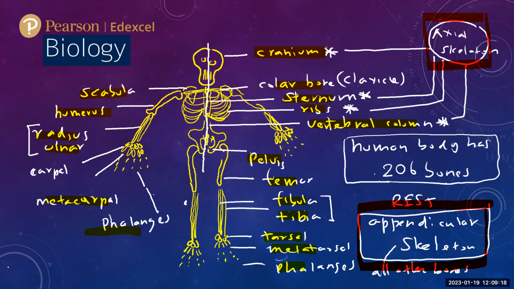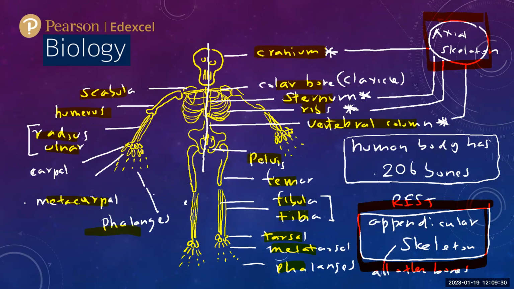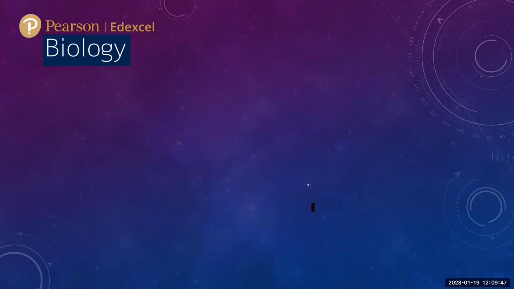maybe a femur, or humerus, radius or ulna, fibula or tibia. These kinds of bones are quite long. So we consider them long bones.